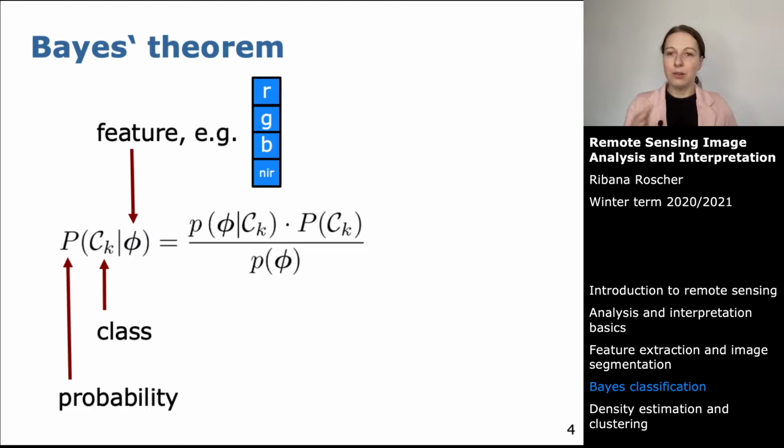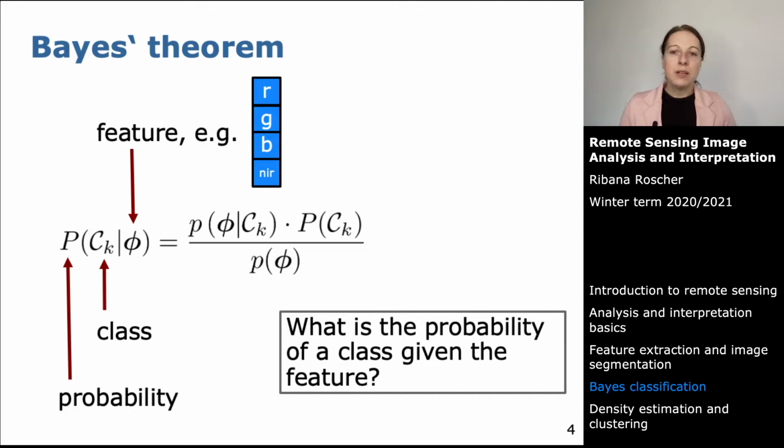And there's also a small p in this equation, and this is a function value. It can be seen a little bit similar to a probability, but it's actually not a probability because it does not have all these characteristics I mentioned before. And the question is now, what is the probability of a class given the feature?